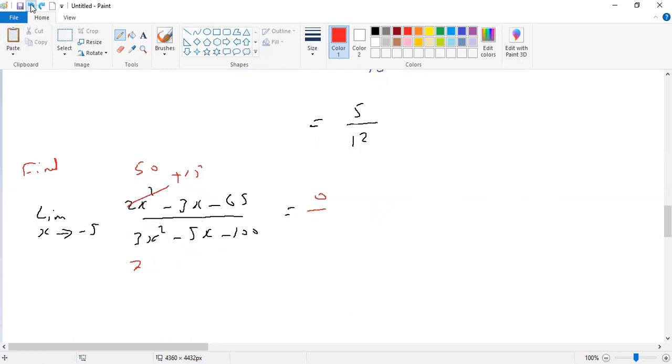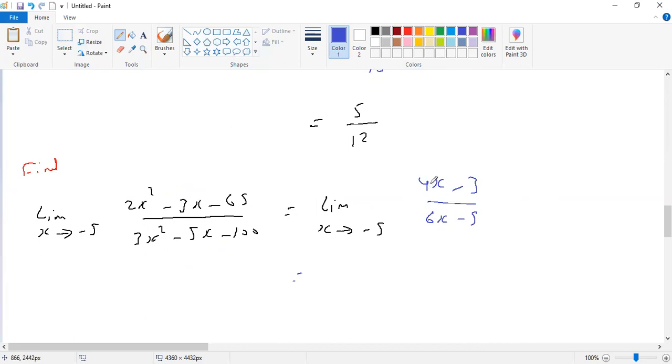Now again, using L'Hopital rule, the derivative of the numerator over the derivative of the denominator. So then the limit as x approaches negative 5 of the derivative of the numerator, 4x minus 3, over the derivative of the denominator, 6x minus 5.